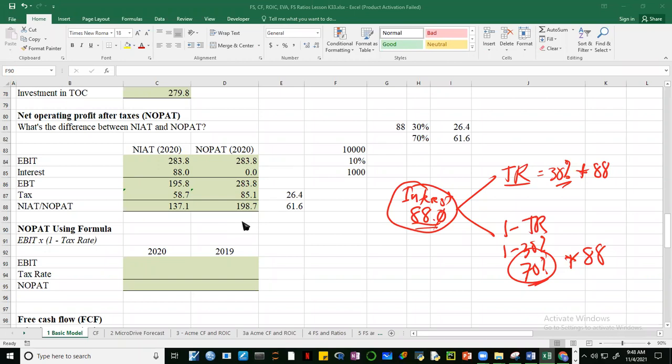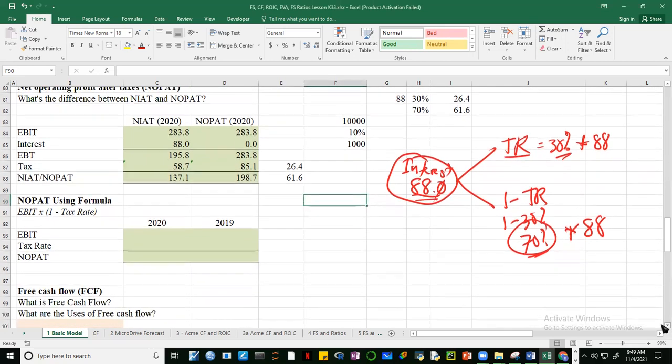However, the difference between NIAT and NOPAT is not the interest expense. The difference between them, rather, is only the interest expense multiplied by 1 minus whatever the tax rate is. So if the tax rate is 35%, then the difference will only be the interest expense times 1 minus 35%. Why? Because the 35% goes into the tax savings provided by the use of debt, the leveraging factor.